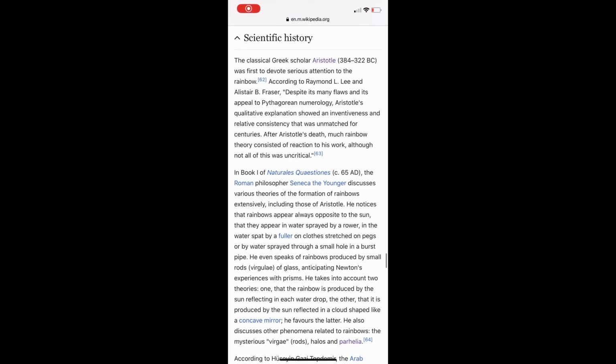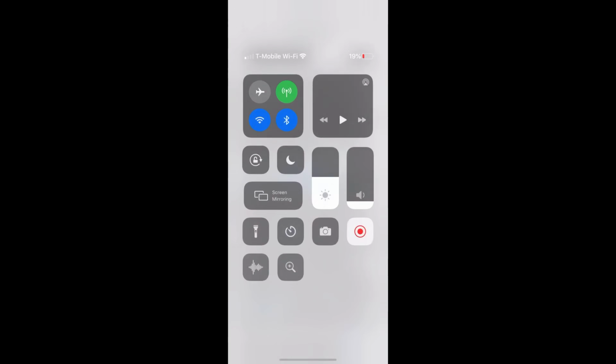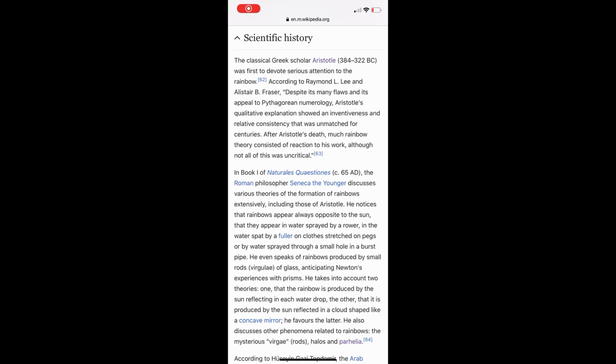He even speaks on rainbows produced by small rods, virgulae, of glass, anticipating Newton's experiences with prisms. He takes into account two theories. One, that the rainbow is produced by the sun reflecting each water drop. The other, that it is produced by the sun reflected in a cloud shaped like a concave mirror. He favors the latter. He also discusses other phenomena related to rainbows, like the mysterious virgae, rods, halos, and parhelia.